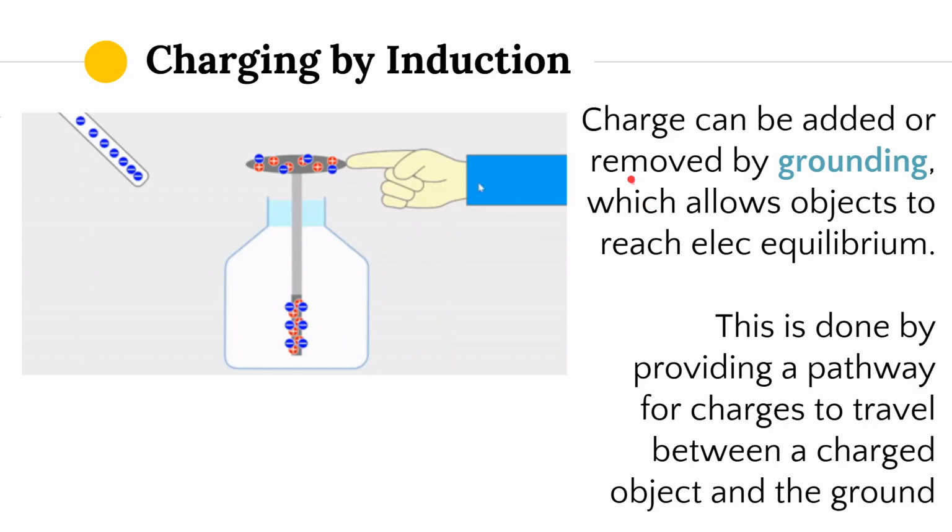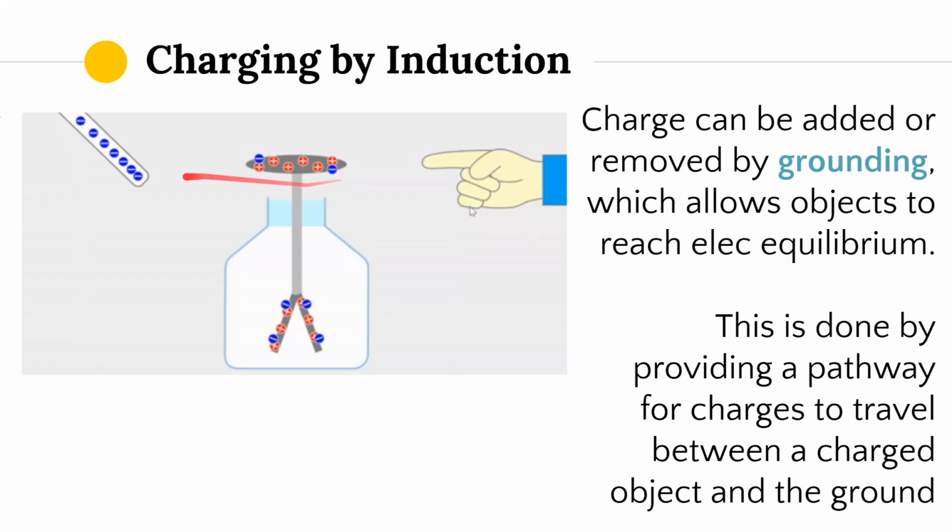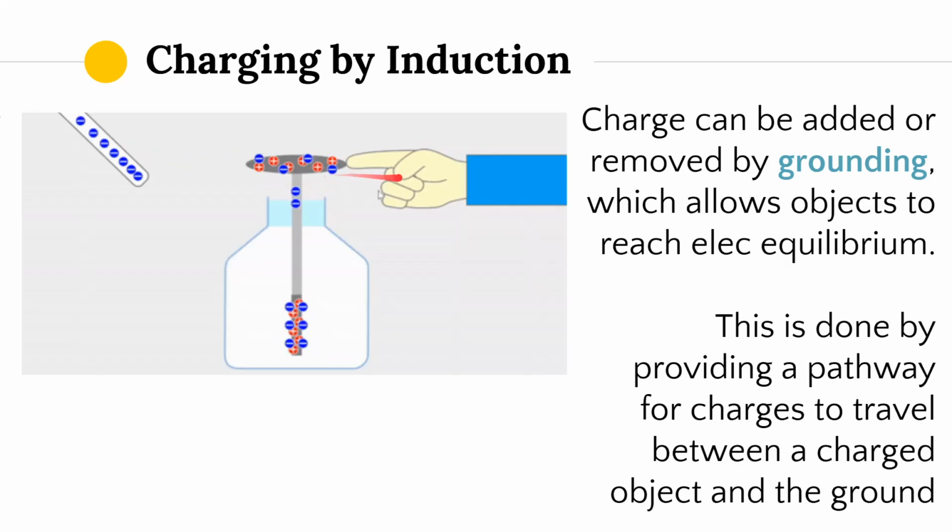But you can ground the object, or allow transfer of electrons between the ground and that material. And if you hold the negative object nearby when you do that, then you can get the charges to flow in to neutralize it, but you can also get the charges to flow out by giving them a pathway if you cause that polarization first.